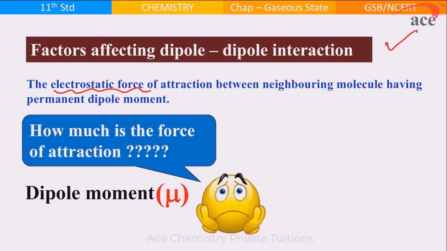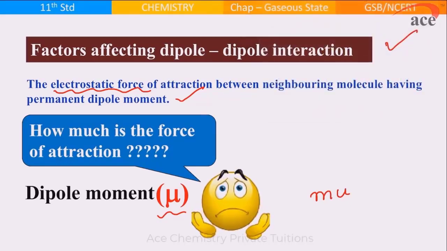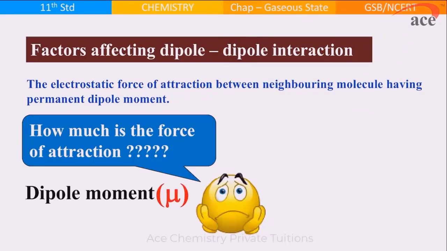So let's see. Dipole moment, as I told you, is represented by the term mu. How much is the force? It's calculated with this.